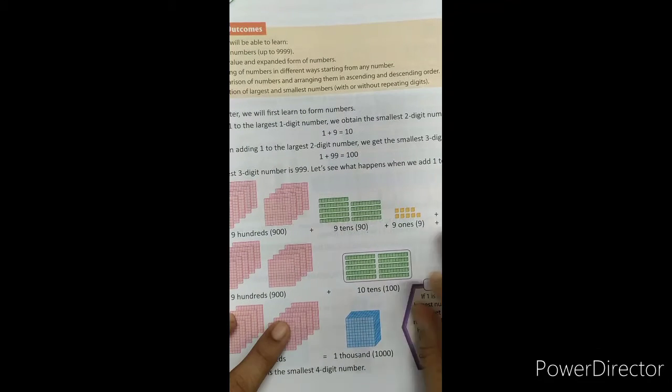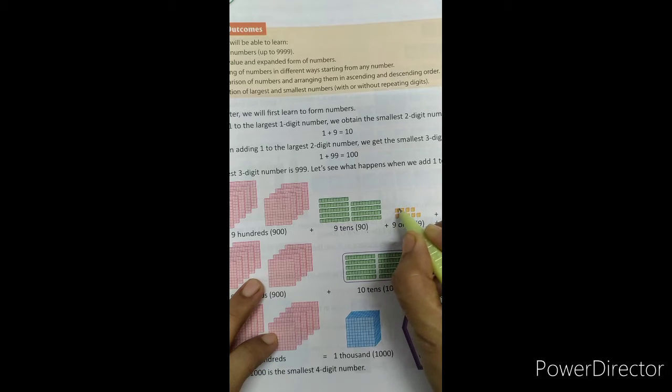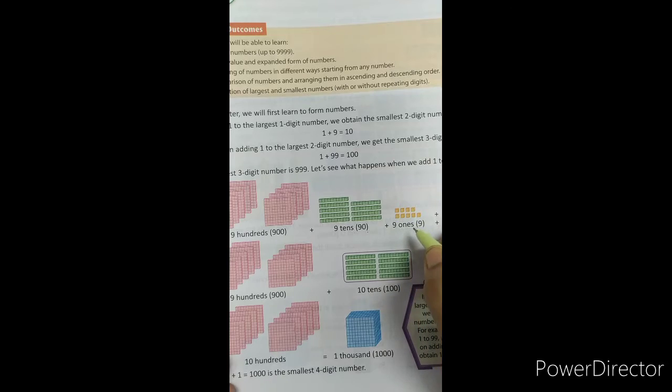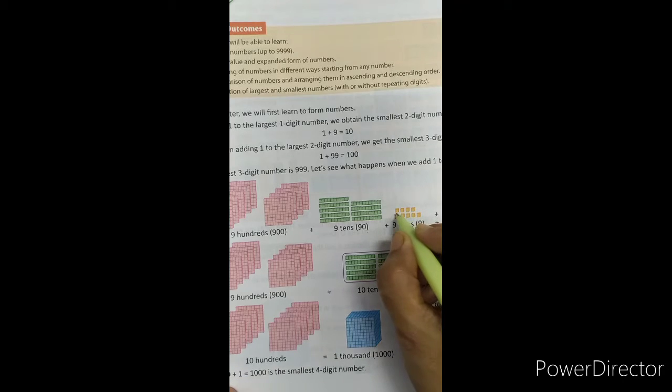Now, if you see this, there are small cubes. If you see one cube, you will find that there are 9 small cubes over here. These small cubes don't have small squares inside them, so each is considered as one cube.